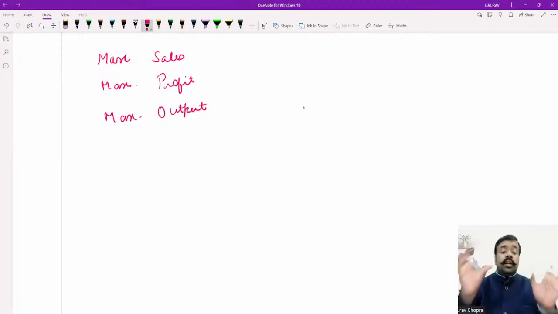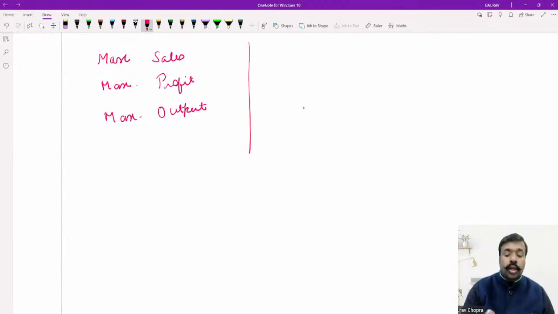That means whenever we are running a factory, we have to focus on some maximization things. We can increase the sales, the profit, the output, or we have to find the minimum, or we can say the minimization.